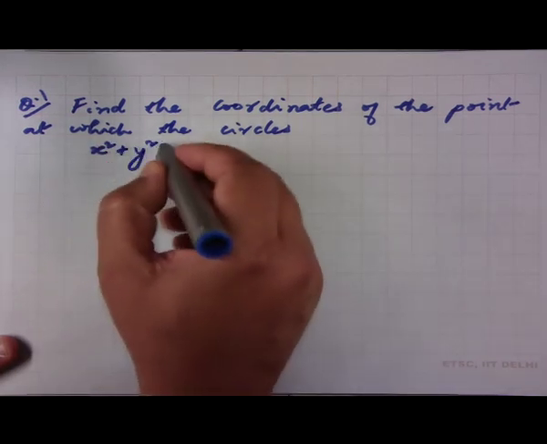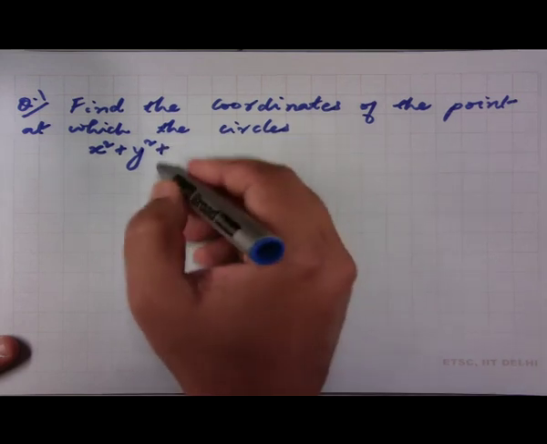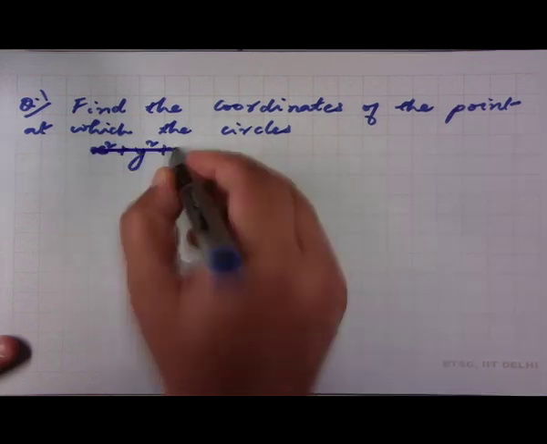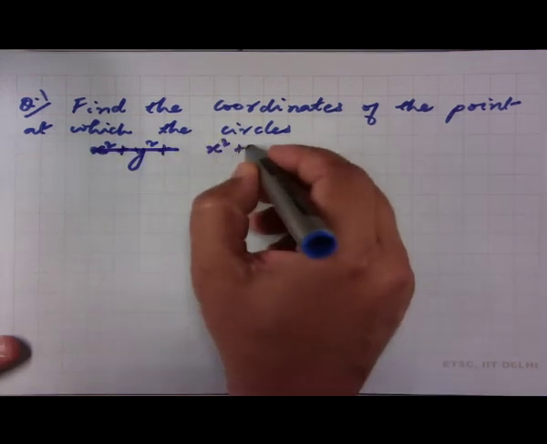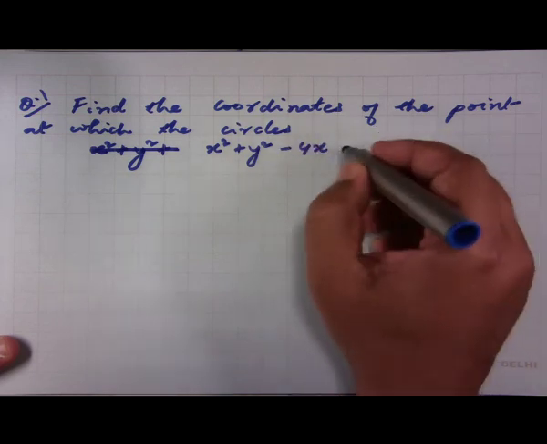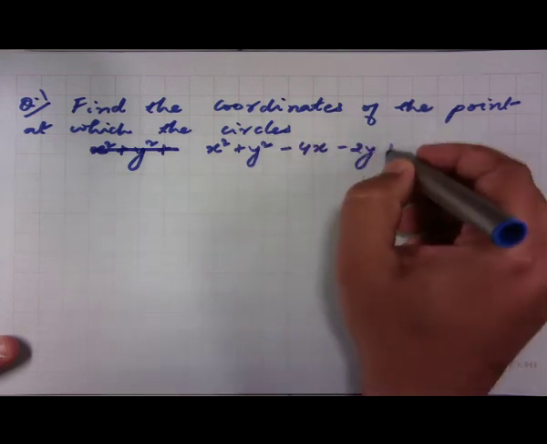This is the equation of the first circle: x square plus y square minus 4x minus 2y plus 4 equals 0.